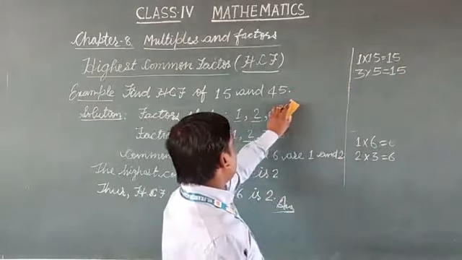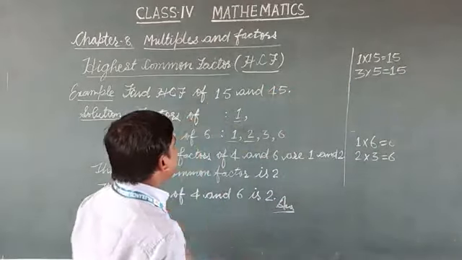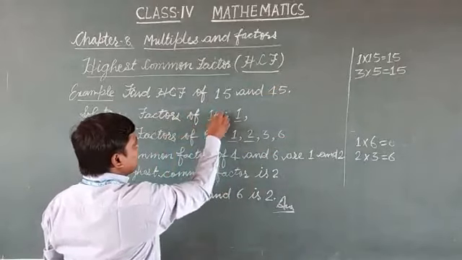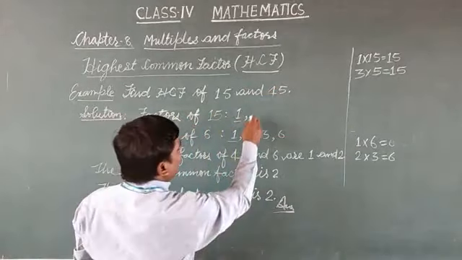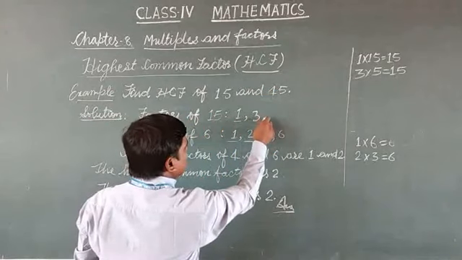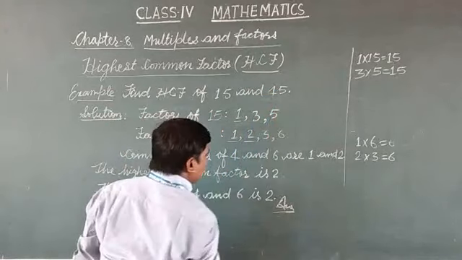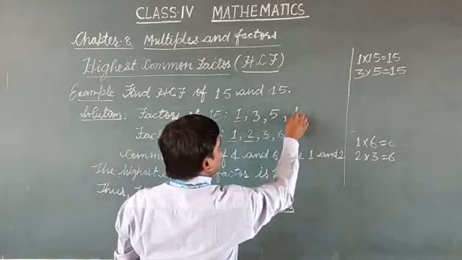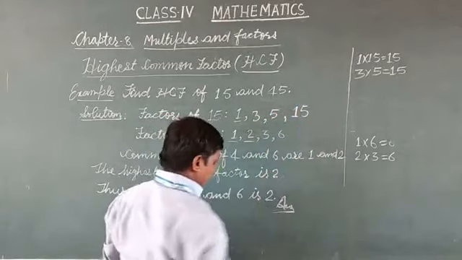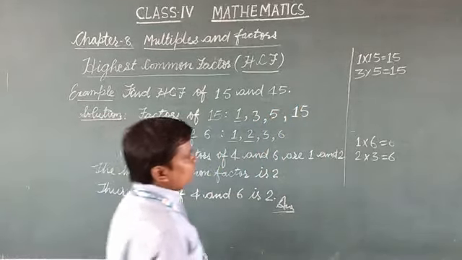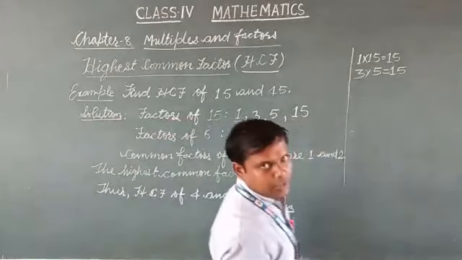So factors of 15 will be 1, 3, 5 and 15. Now we write factors of 45.